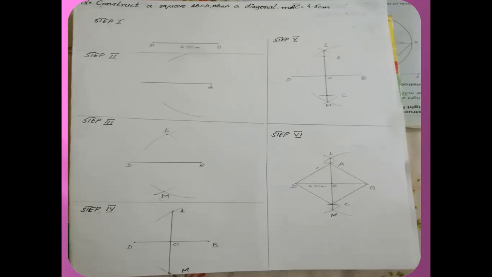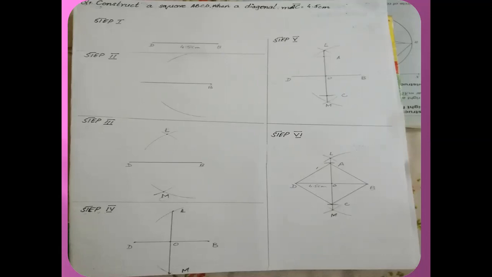Now take the radius OB. Open your compass to OB. Put your compass on point O and cut the line LM upward and also downward.